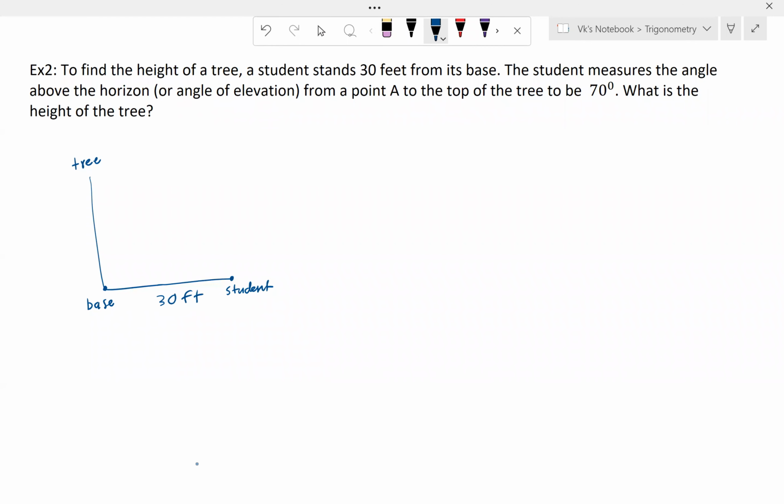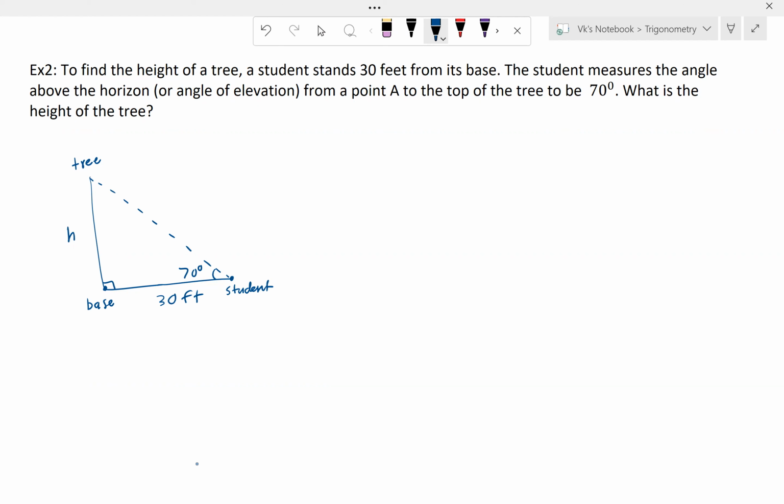The student measured the angle above the horizon, so it's this angle right here, to be 70 degrees. This is the right triangle. The height of the tree is h.